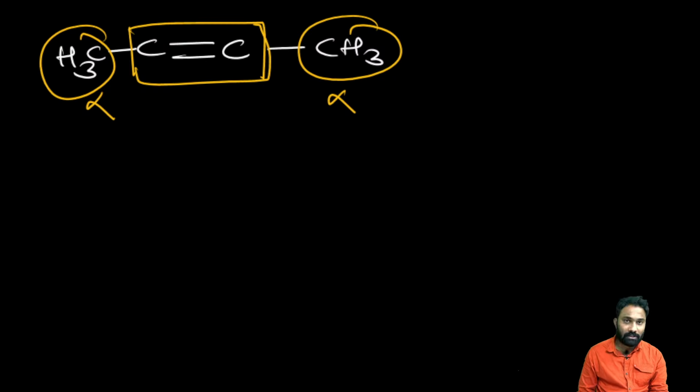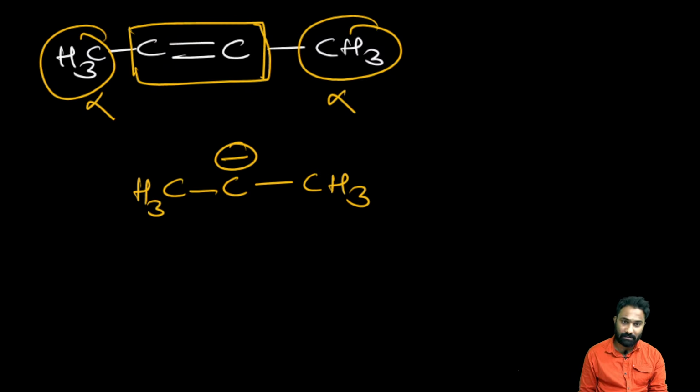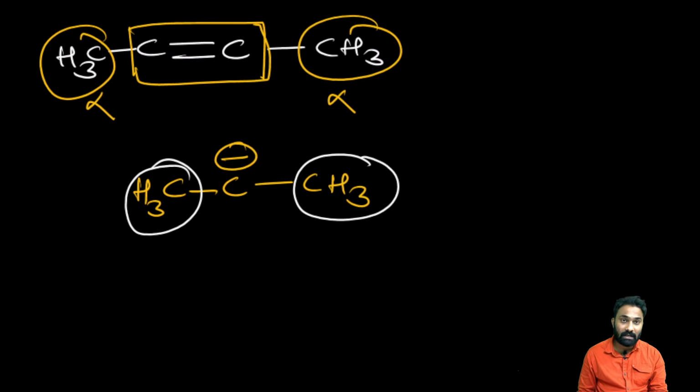See, based on this pattern only, you may get a doubt. If they have given a carbanion and these are the adjacent carbons, now here we will not consider these as alpha hydrogens. Why? Because if these hydrogens were to be given to this carbanion, this carbanion is already electron excess.